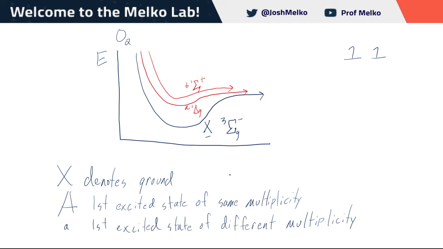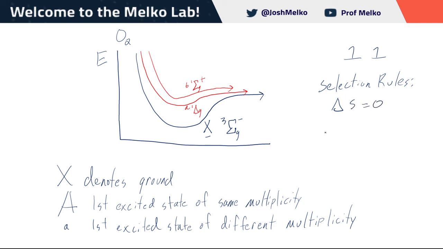Okay, and now there's going to be some selection rules for what's possible here, right? We talked about the same thing with atoms, but now we're in molecules. So there's molecular term symbols and there's molecular selection rules. So the selection rules here for molecules are going to be similar to our atomic rule. Here, delta S equals 0.